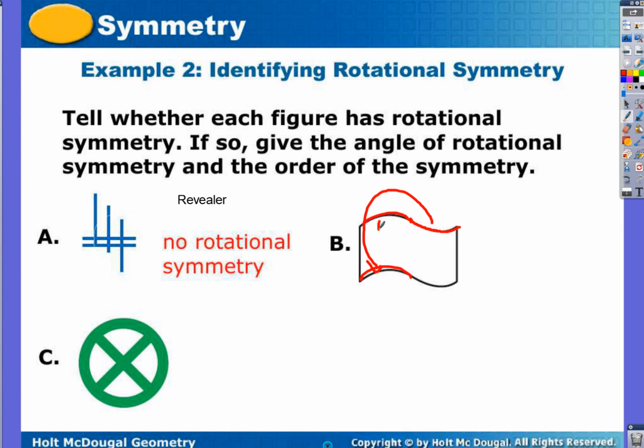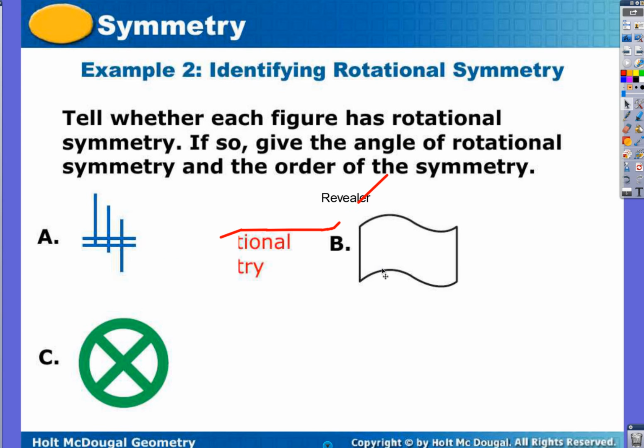This convexity would come here, and it would still be convex, and these lines would still be the same. So half a turn would work. How many half turns are there in one full rotation? 2. So the angle of rotational symmetry is 180, because that's a half turn, and the order is 2. Let's just confirm that. And we're correct.